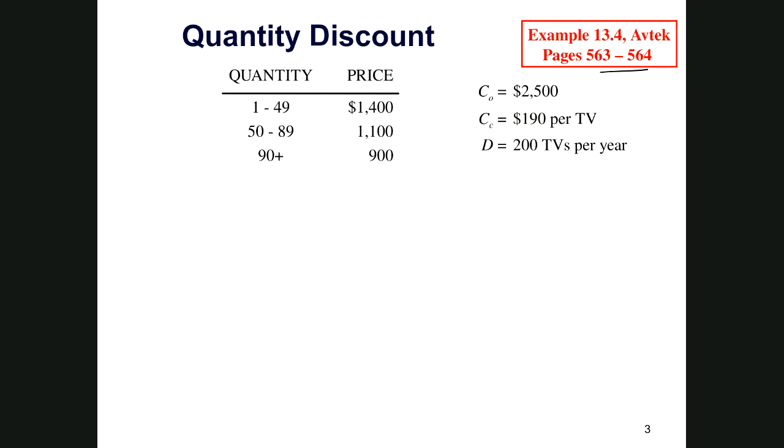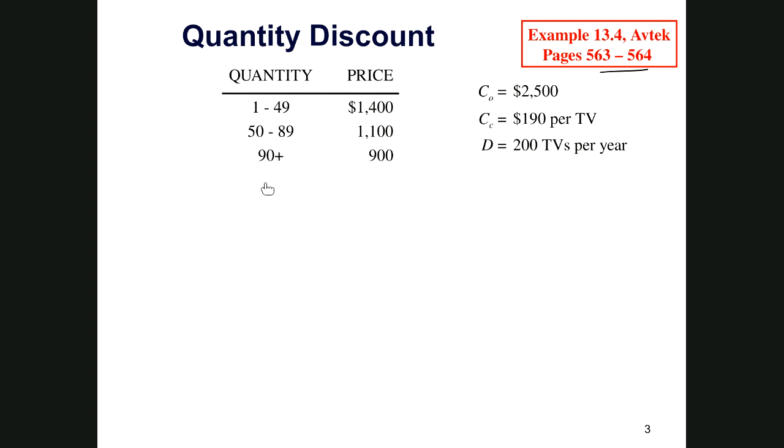If we order between 1 and 49 televisions, the cost is $1,400. Anything between 50 and 89 is $1,100, and any number of televisions ordered above 90 is $900 per television. So we get as much as a $500 price discount.